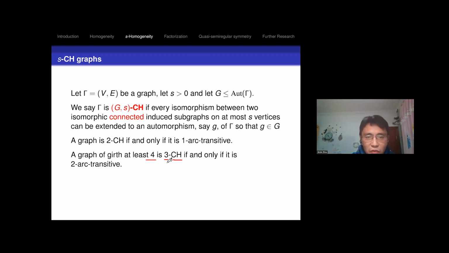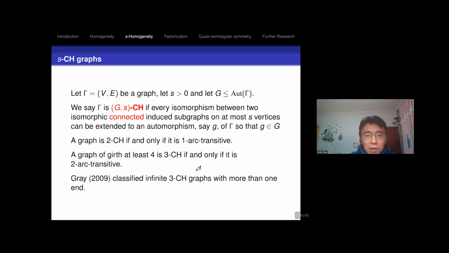So we will mainly consider 3-CH graphs with girth 3. And here we mention a result of Gray, which gives a classification of infinite 3-CH graphs with more than 1 end.